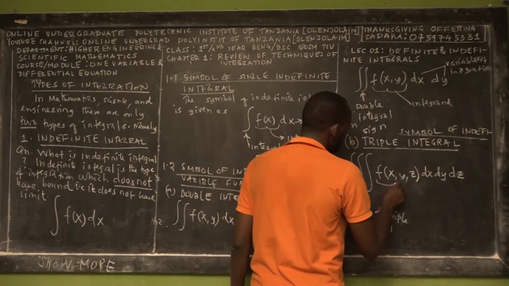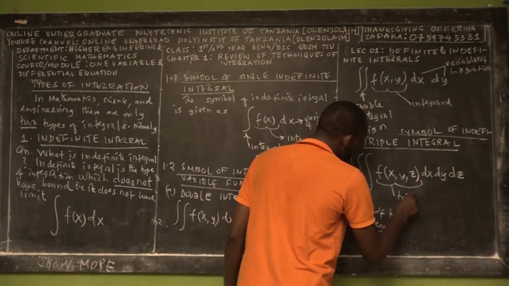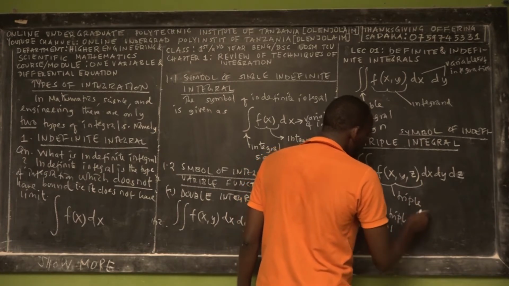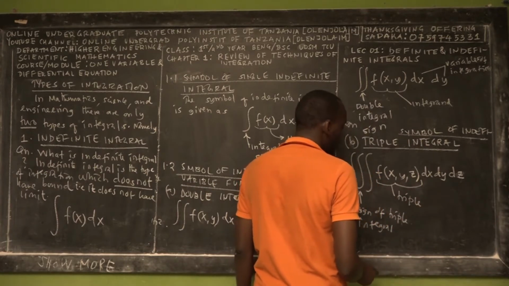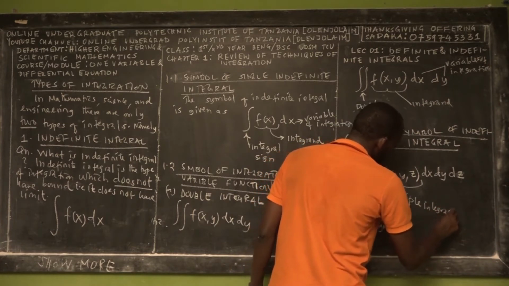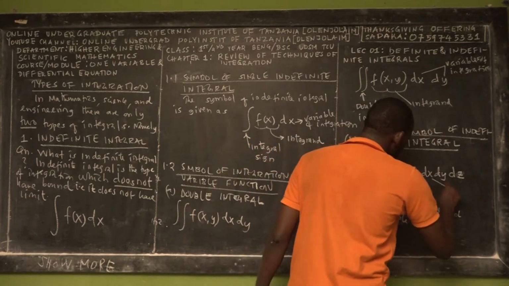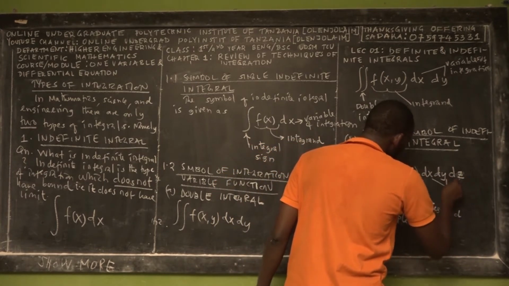And this one is the triple integrand, or simply an integrand, f of x, y, z.